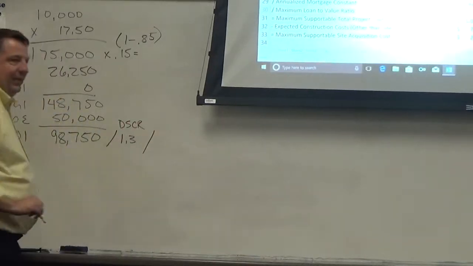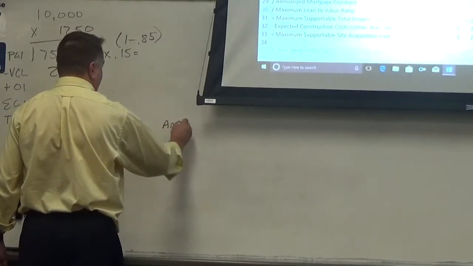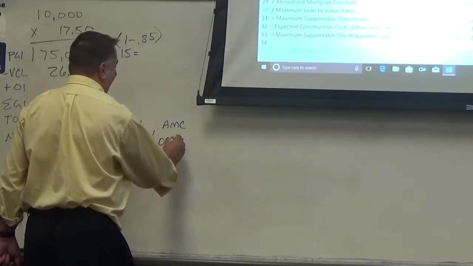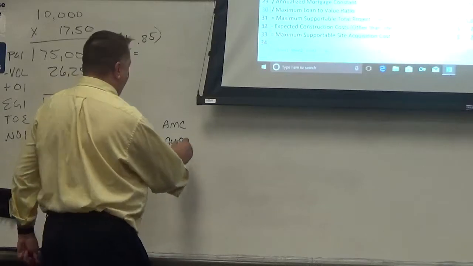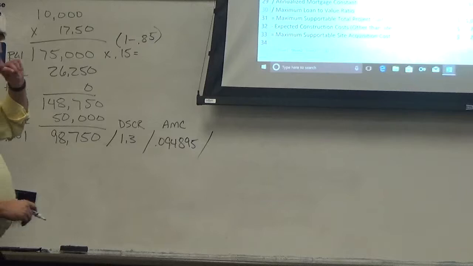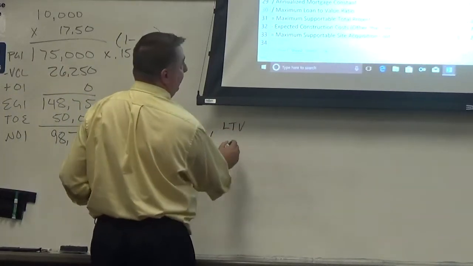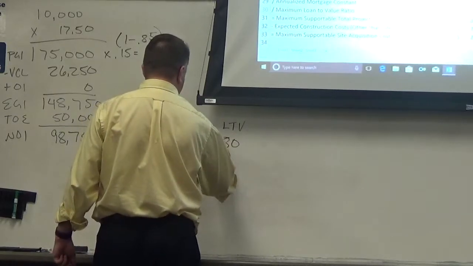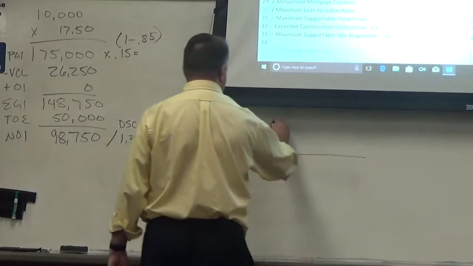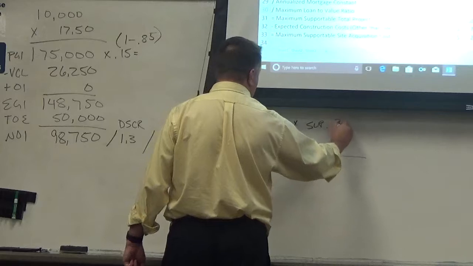You divide that by the annualized mortgage constant of 0.094895 and some change, and then you divide that by the maximum loan to value ratio of 80%, and that gives us the maximum supportable project cost.